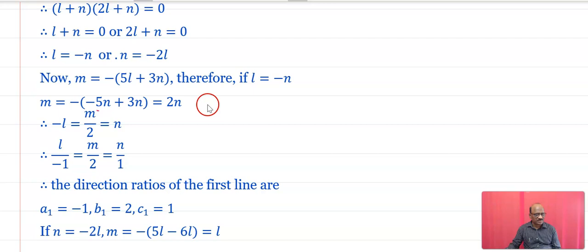So m equals 2n, and here we are getting l equals minus n, m equals 2n. If we equate them, divide this by 2. l equals minus n, and m equals 2n means n equals m upon 2.